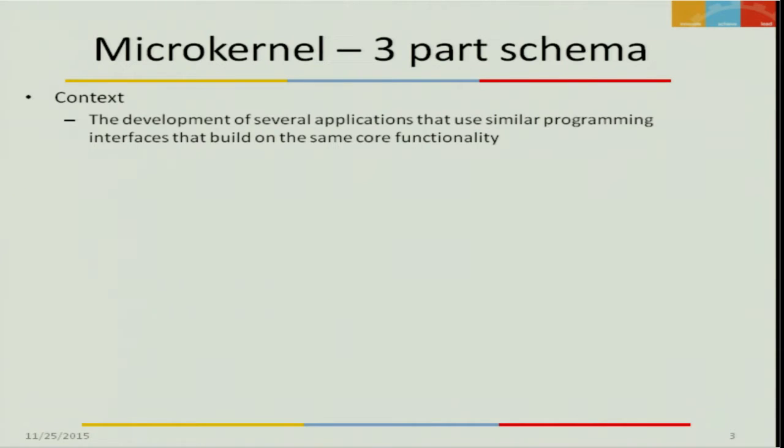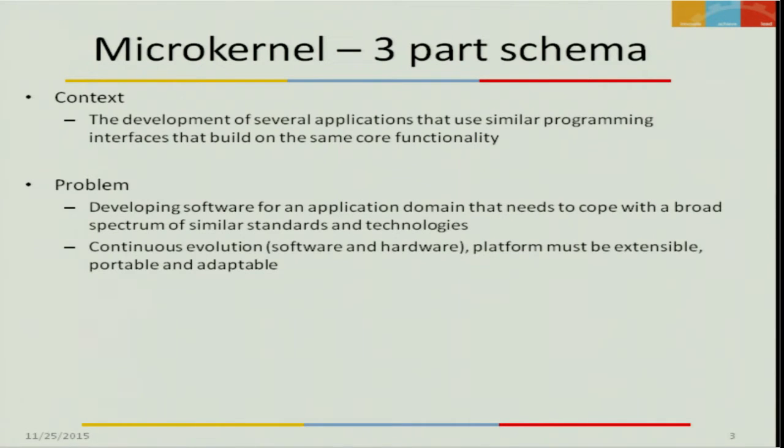Now, why do we need the microkernel pattern? The problem, or the requirement, is developing software for an application domain that needs to deal with a broad set of similar standards and technologies.